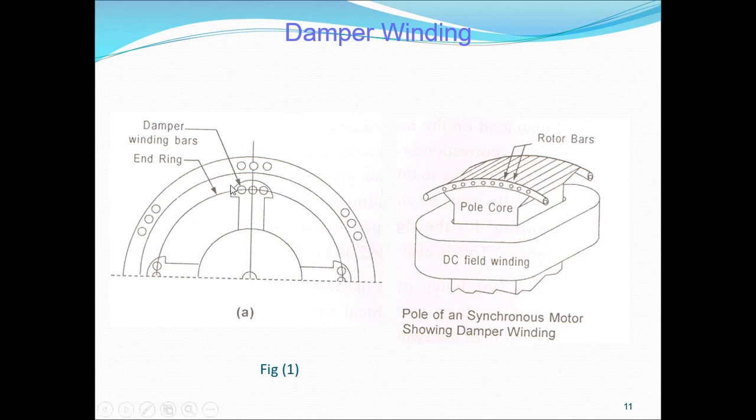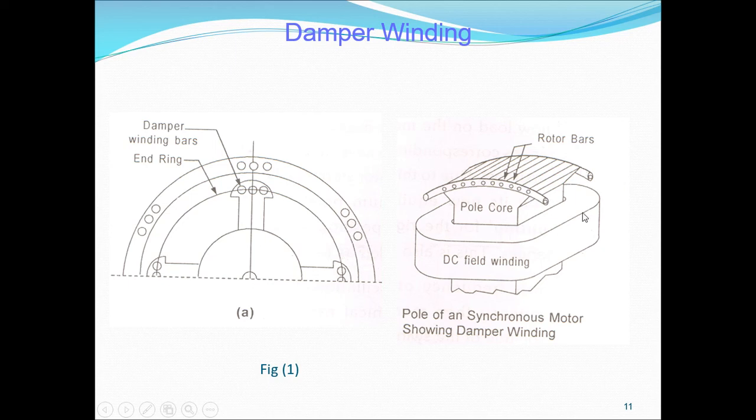As shown in the figure, the damper winding consists of short circuited copper or aluminum bars. See here, these are the copper or aluminum bars embedded in the faces of the field poles of the motor, and it is short circuited at both ends, as shown in the figure.